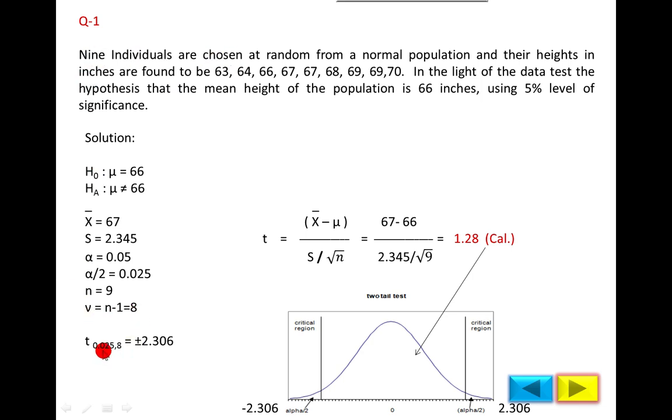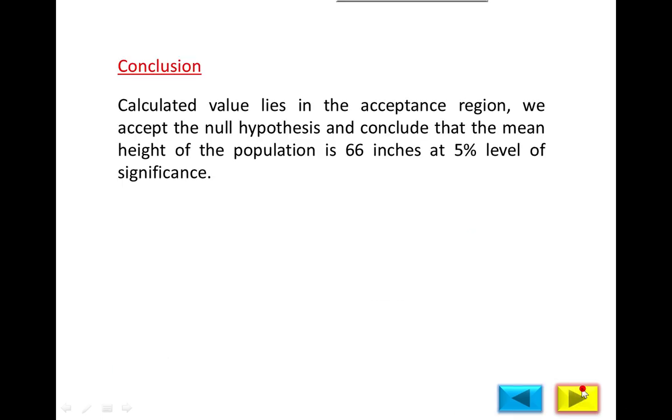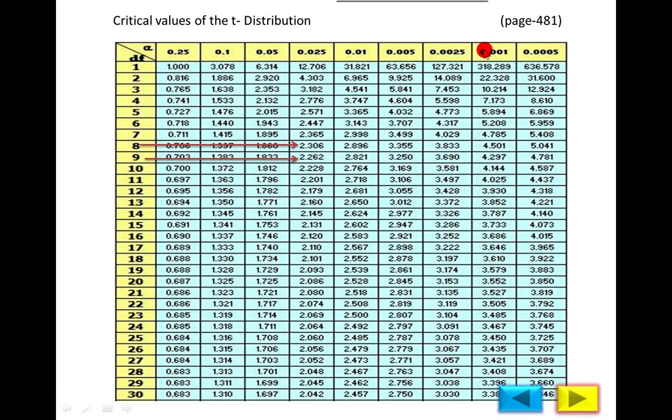With the help of 0.025 and 8, the value is plus minus 2.306. Okay, alpha is 0.025. This is the T table, page number 481. Alpha is 0.025 and degree of freedom is 8, sample size 9 minus 1 is 8. The value is 2.306.